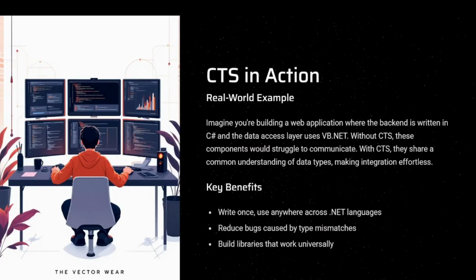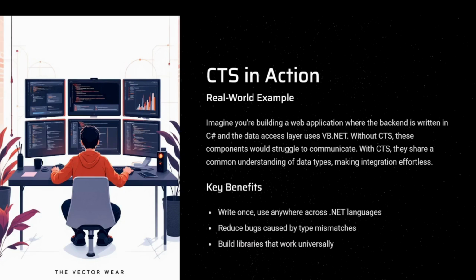Now, let's connect everything with a real world scenario. Imagine you're building an application. Backend will be in C Sharp, the data layer will be in VB.NET, and maybe some logic will be in F Sharp. Now think, without CTS, each language behaves differently. Correct? So data types may not match, and integration becomes messy.